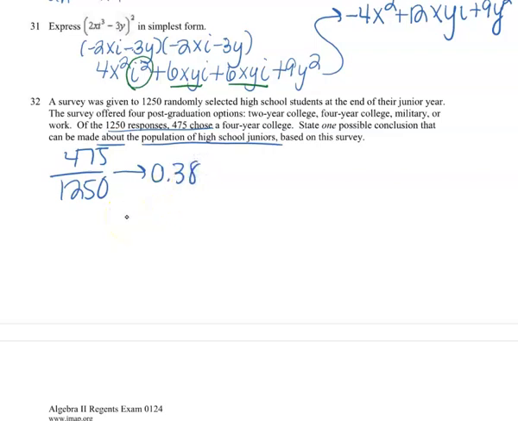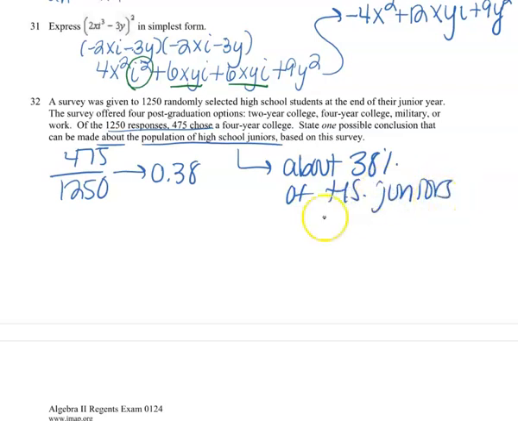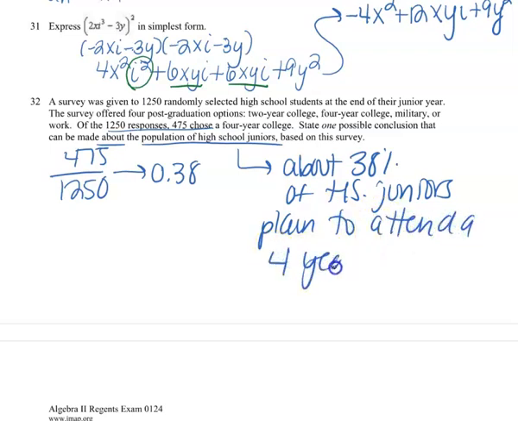So according to my sample, I can infer that about 38% of my high school juniors plan to attend a 4-year college. My handwriting is not great right now, but it's fine.